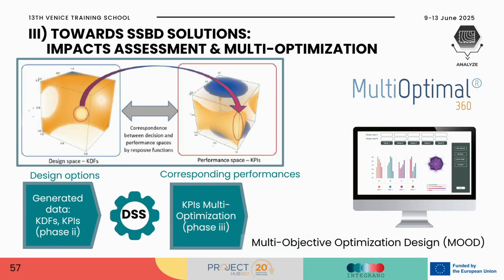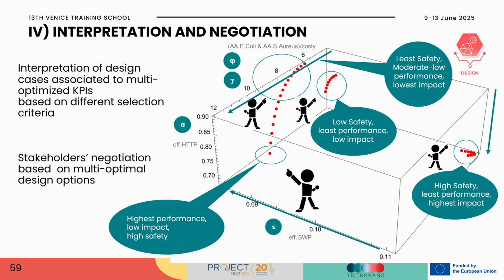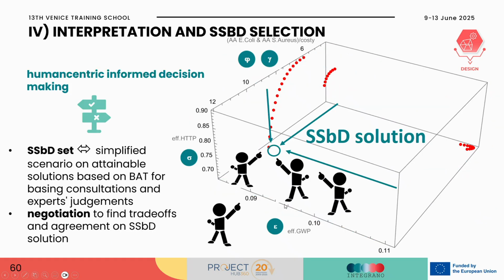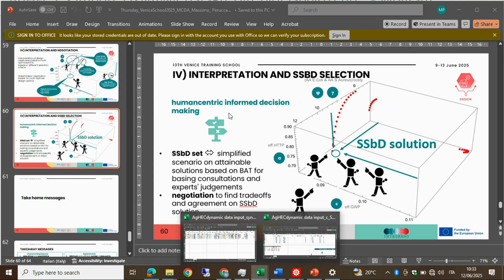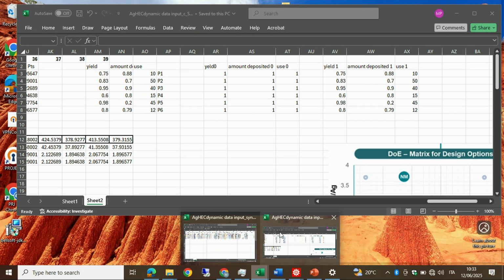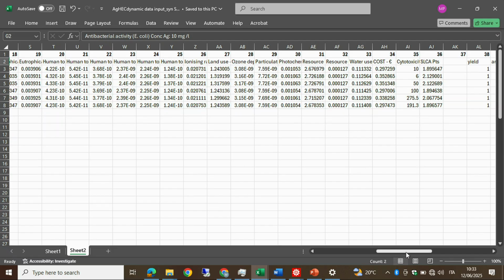We do have the performance space. We have many stakeholders here discussing, arguing, and finally they get to an agreement to select one specific point. And this will lead, of course, to the final solution. But let's consider just here in the set that we consider the production of 30 milliliters, but what is the yield of the process?